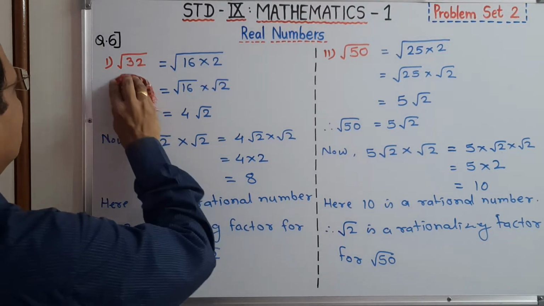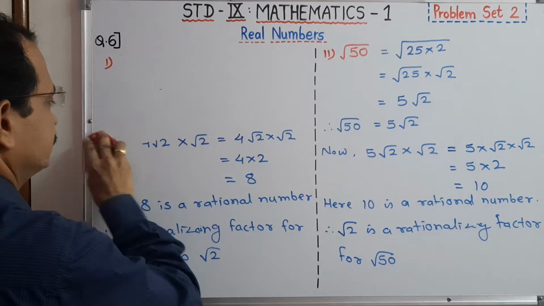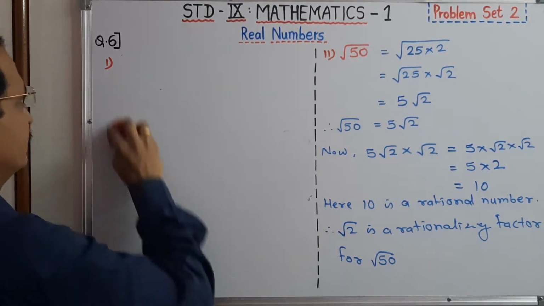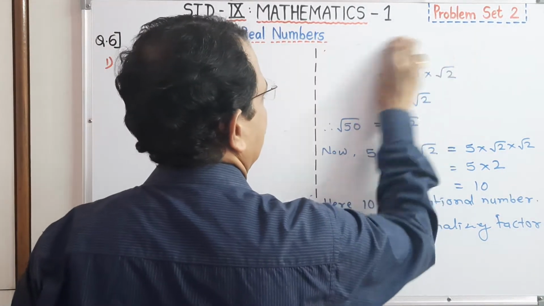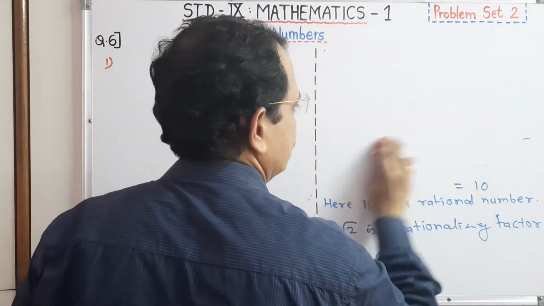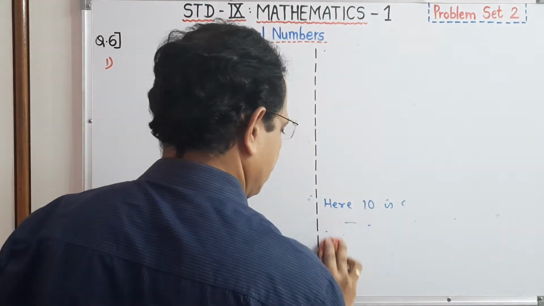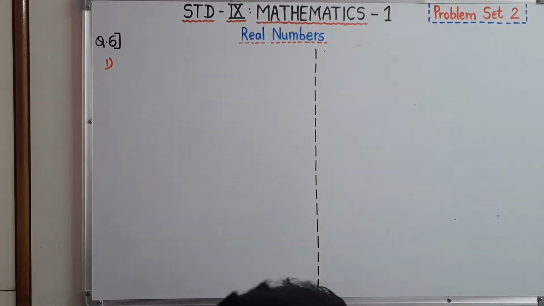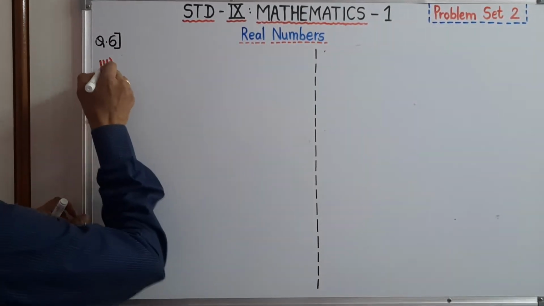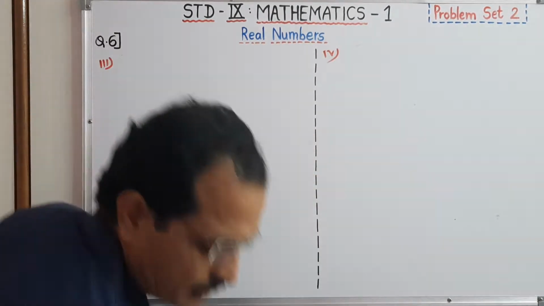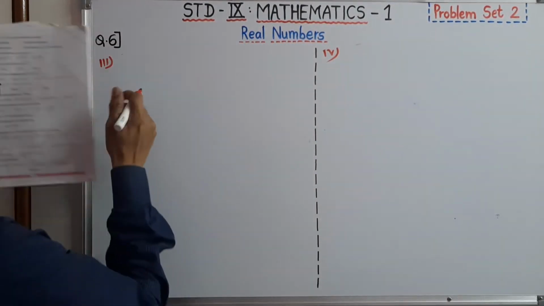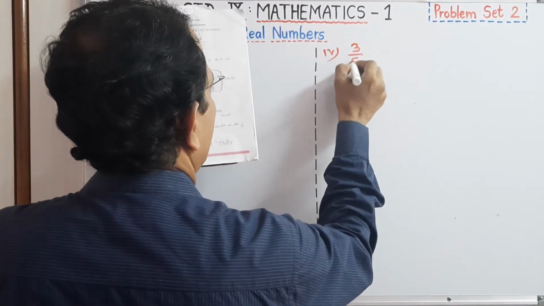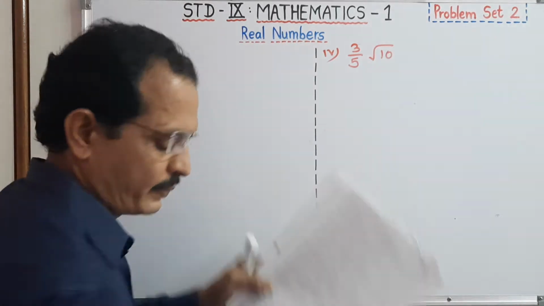Let's start with the third one. See the third one, it is root 27, and here it is 3 upon 5 root 10.